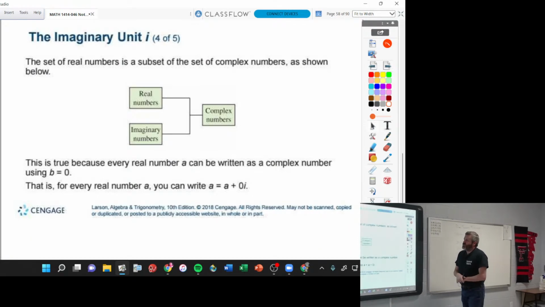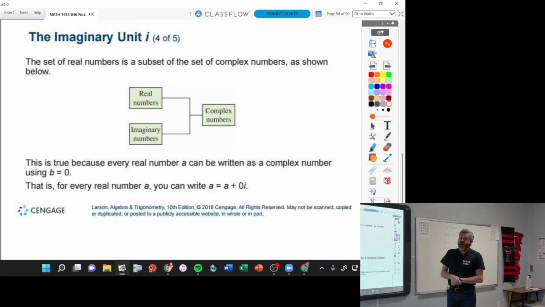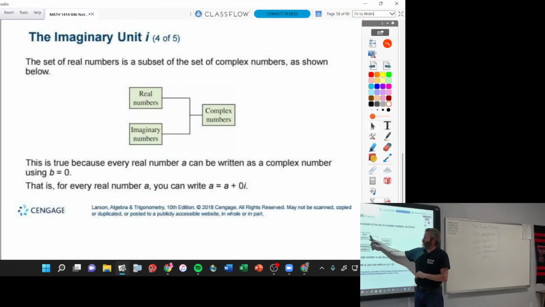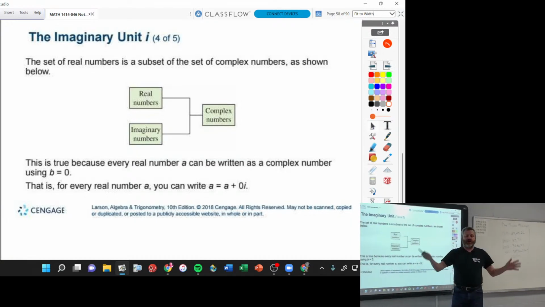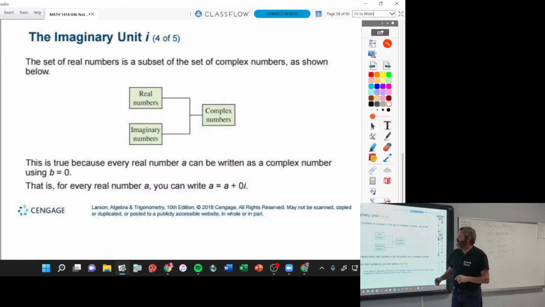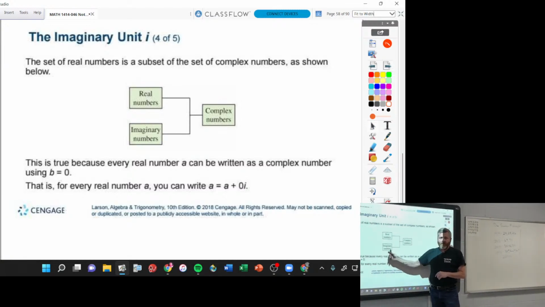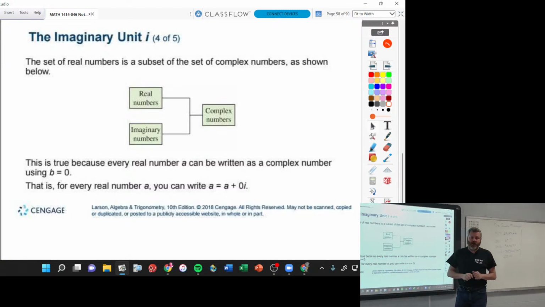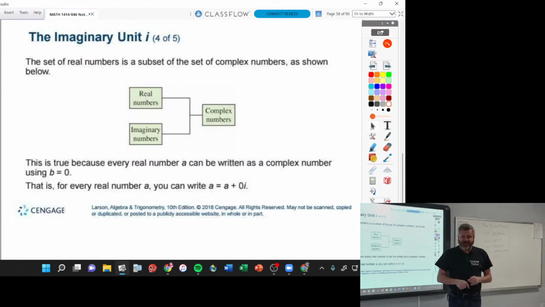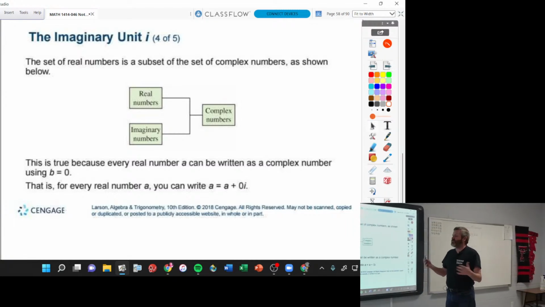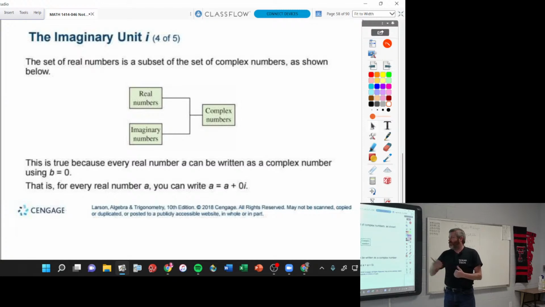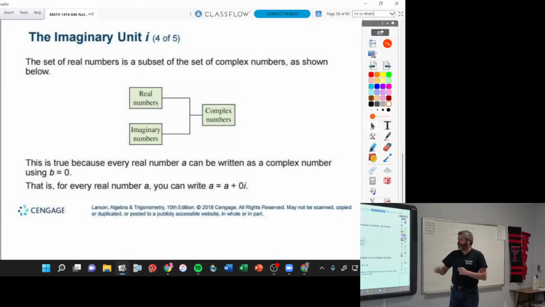The set of real numbers is a subset of the complex numbers as shown below. So if I take all of the real numbers, which is everything that we've done before imaginary numbers, and add to that all the imaginary numbers, that gets us complex numbers, which means every number that you've messed with in the past has been a complex number because a real number is a subset of complex numbers.